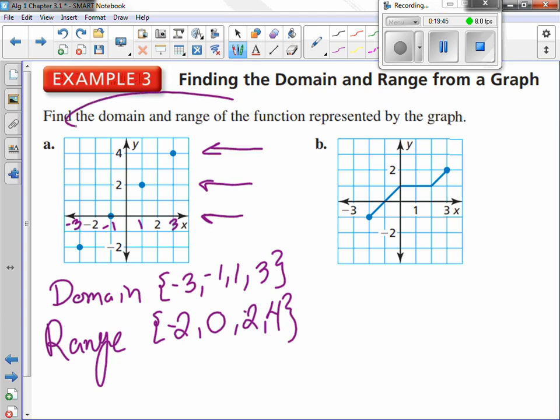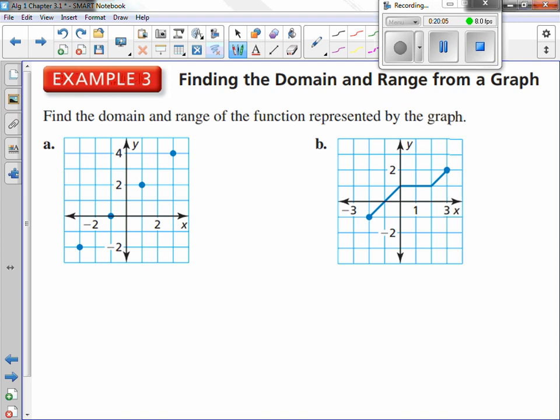Because 7 would be somewhere up here. It's not included on the graph. But that's it. That's our domain and range when we're given points. Because points are just those individual numbers, the x and y coordinates. Questions on this here?